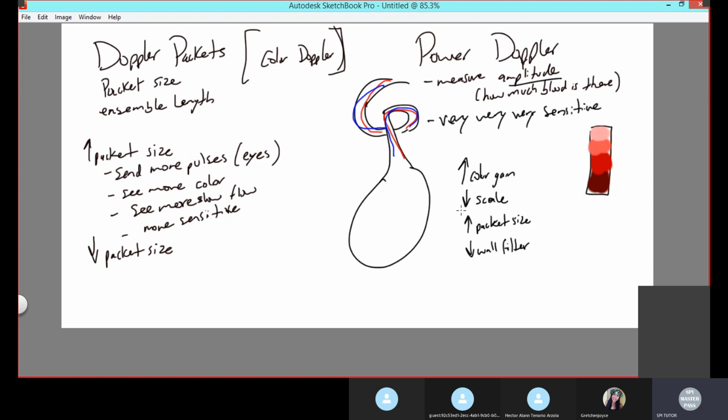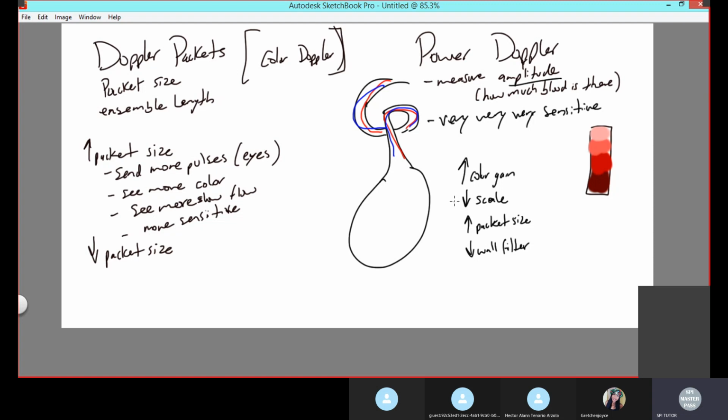The grave mistake here is that you have another tool in your toolbox, and that's power Doppler. Power Doppler says, if you think color Doppler is sensitive, you haven't seen me yet. I'll cry you a river of how sensitive I am.